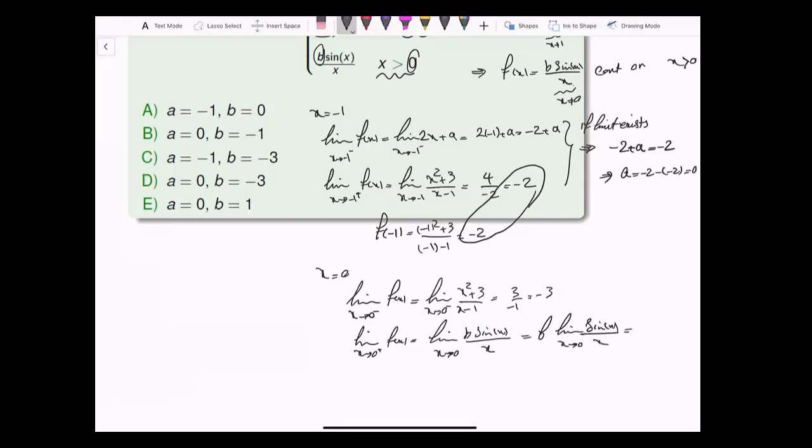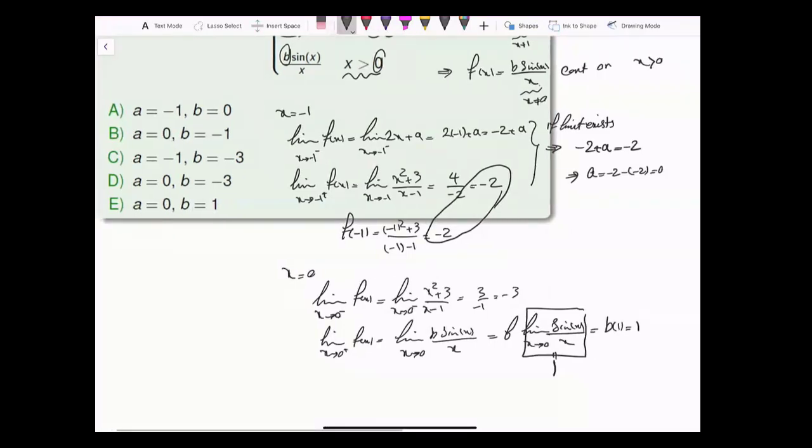This is one of the important limits that we will learn in this course. The limit of sine x over x is 1. How can you prove it? It is in one of the videos of week 4, and it uses the squeeze theorem. So the limit of sine x over x as x goes to 0 is 1. So b times 1 is b. The left limit, right limit, and value of the function, which is -3, must all be equal.